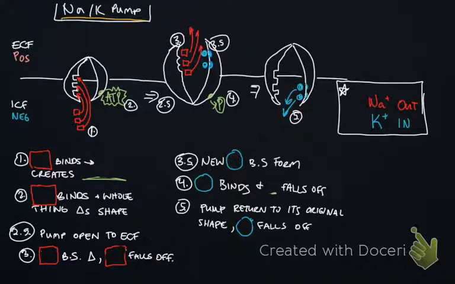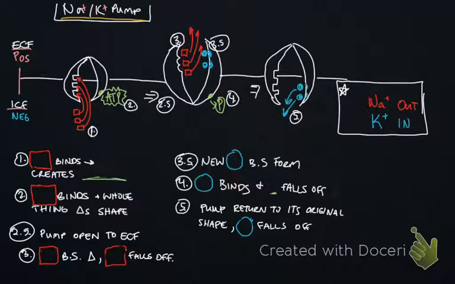Remember that sodium has a positive charge, as well as potassium. But this pump moves these things in opposite directions and in different amounts, and it creates this difference in charge between the outside and the inside of the cell. So let's take a look at how it actually does that.